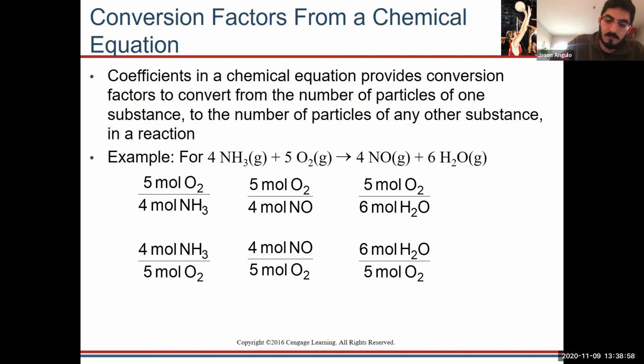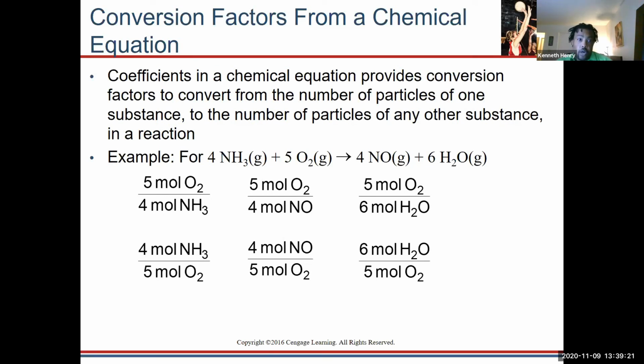Since it's quantity, it allows us to use those coefficients to set up ratios with each other. So in theory, if I know the quantity of ammonia I have, I can calculate how much oxygen I'm going to need to react with that ammonia.